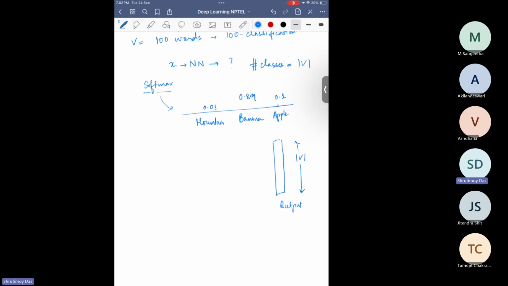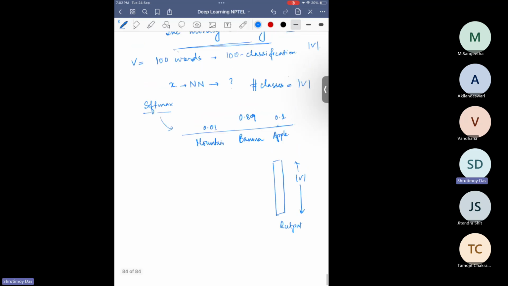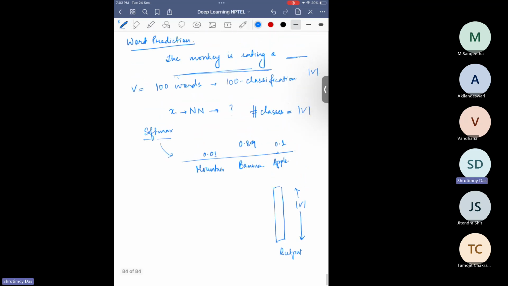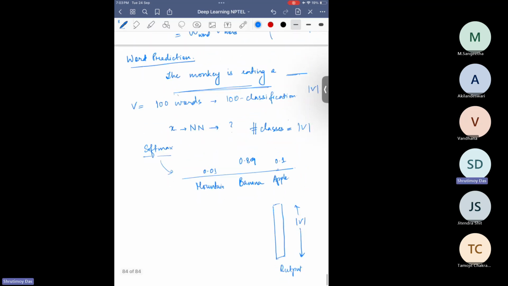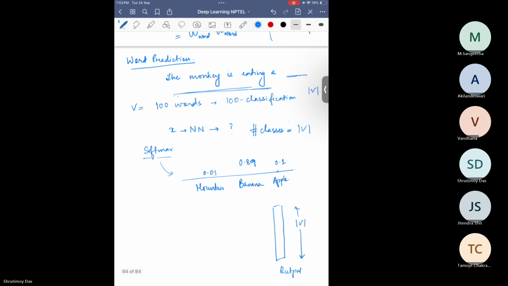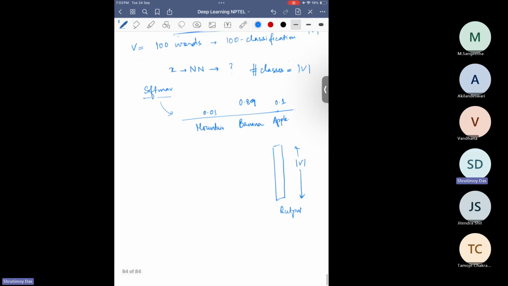For simplicity, in the class we just took a context word. Let's say we don't have the word a here, and our context is eating, right?